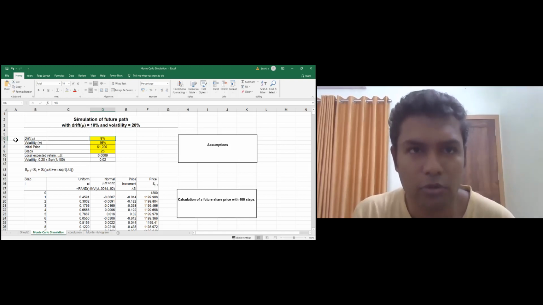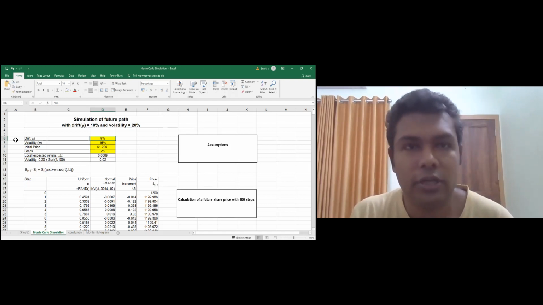Moreover, we do not consider any abnormal factors in the market, such as natural calamities or terrorist activities. Those kinds of abnormal activities are not considered under this method, but rather we consider normal short-term influencing factors.